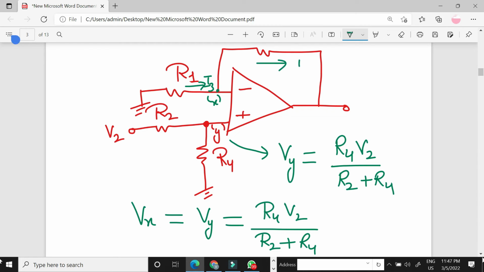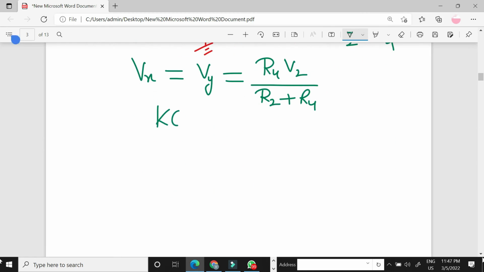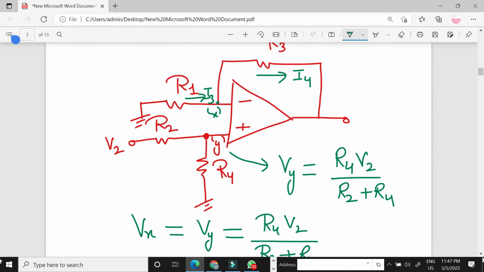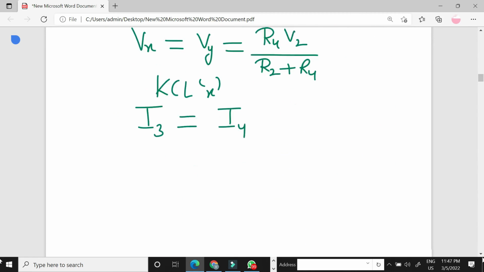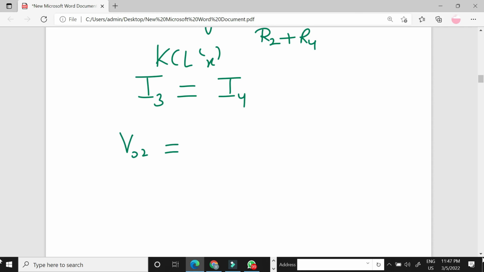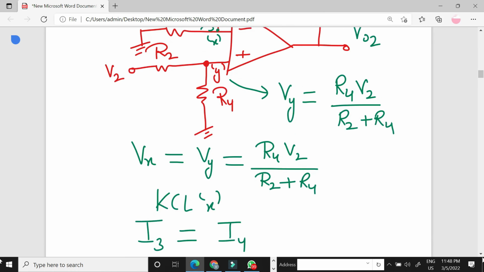This is branch 2, current I4. So KCL at node X gives I3 is equal to I4. Suppose this is V naught 2. V naught 2 is equal to (1 plus R3 upon R1) into Vx or Vy.